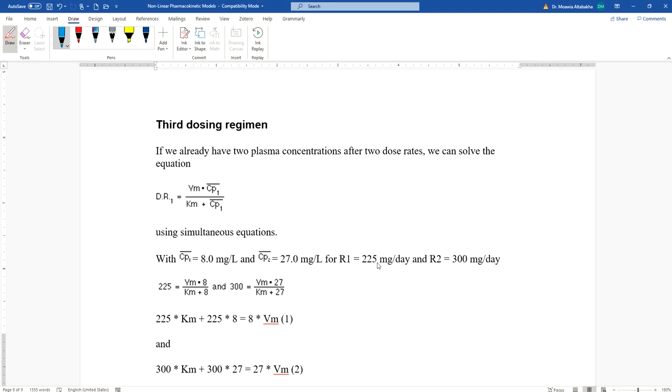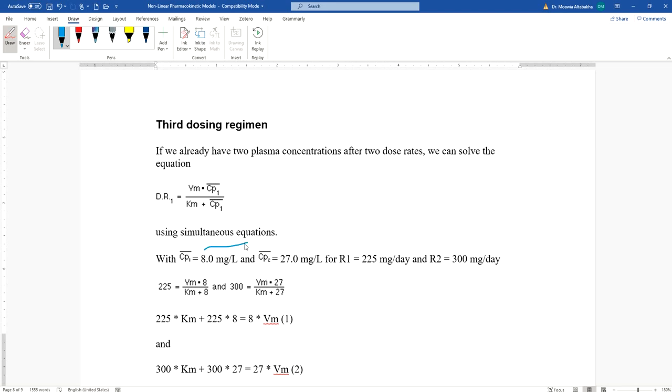Of course dosing rate 1, which is 225 milligram per day, is producing 8 milligram per liter as average concentration, while dosing rate 2, which is 300 milligram per day, is producing 27 milligram per liter.